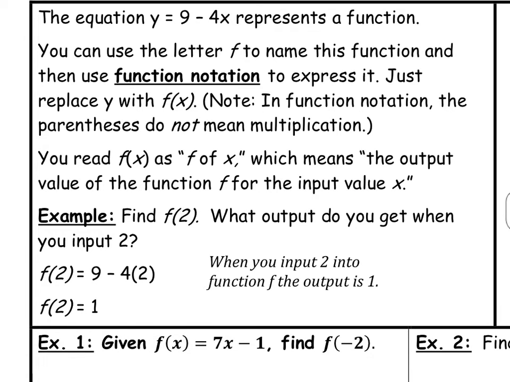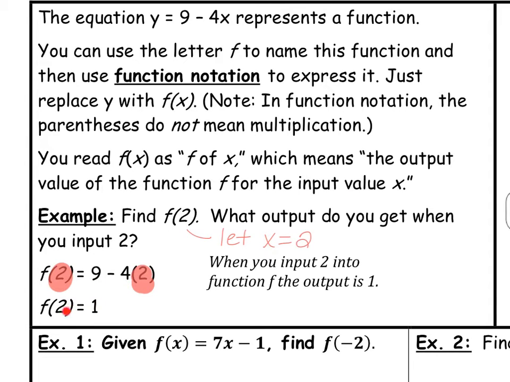So if we want to find f of 2 for this equation up here, 9 minus 4x, really all that means is we're going to let x equal 2. So we're going to take out x and plug in 2 here, and what we end up with is f of 2 equals 9 minus 4 times 2, and 9 minus 8 is 1.